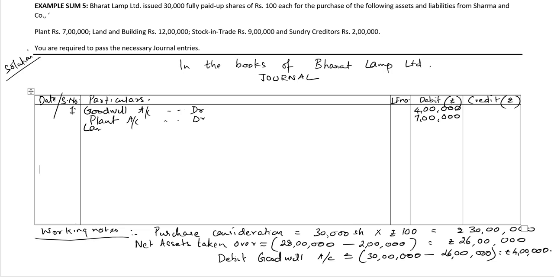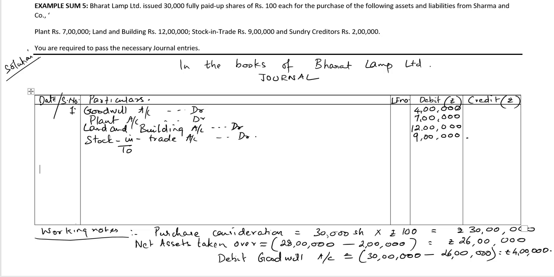Land and building account debit 12 lakh rupees. Stock in trade account debit 9 lakh rupees.